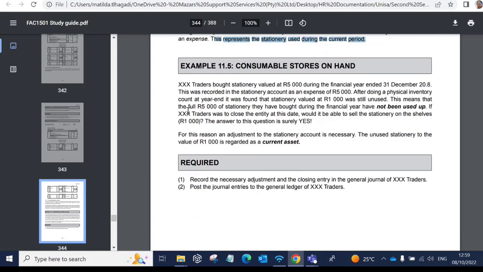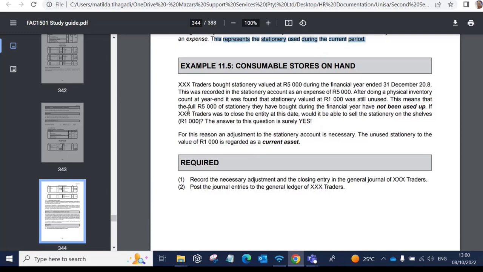Example 11.5. Excess Traders bought stationery valued at 5,000 during the financial year ended 31 December. This was recorded in the stationery account as an expense of 5,000. After doing a physical inventory count at year end, it was found that stationery valued at 1,000 was still unused.